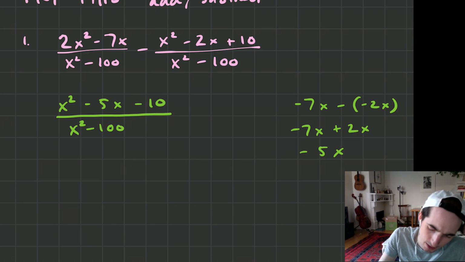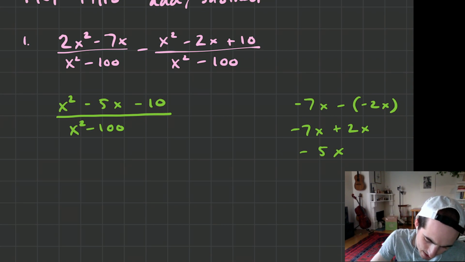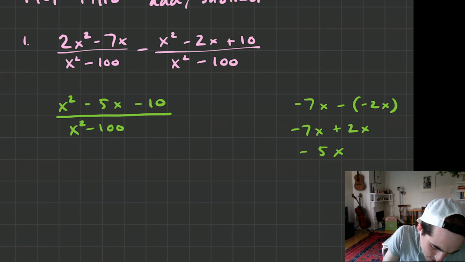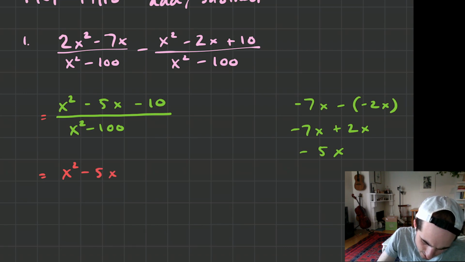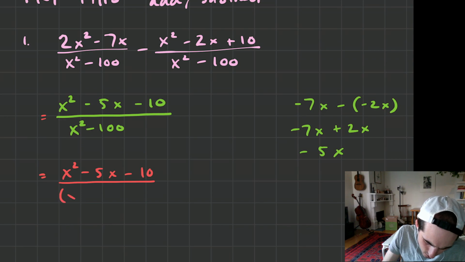Just factor the denominator. Okay. Yeah, because I'm thinking this isn't going to simplify much further. So this is equal to x squared minus 5x minus 10 over, well, this is a difference of squares, so it's x plus 10 times x minus 10.